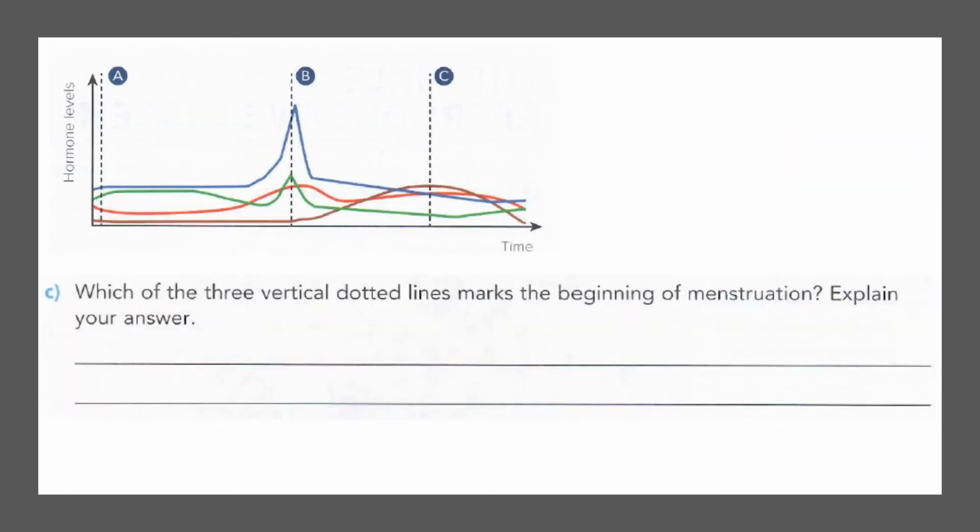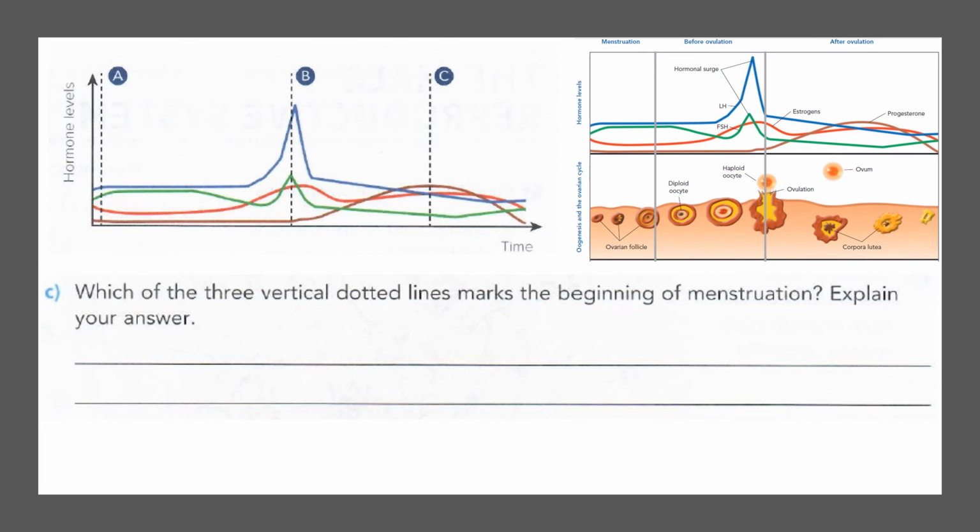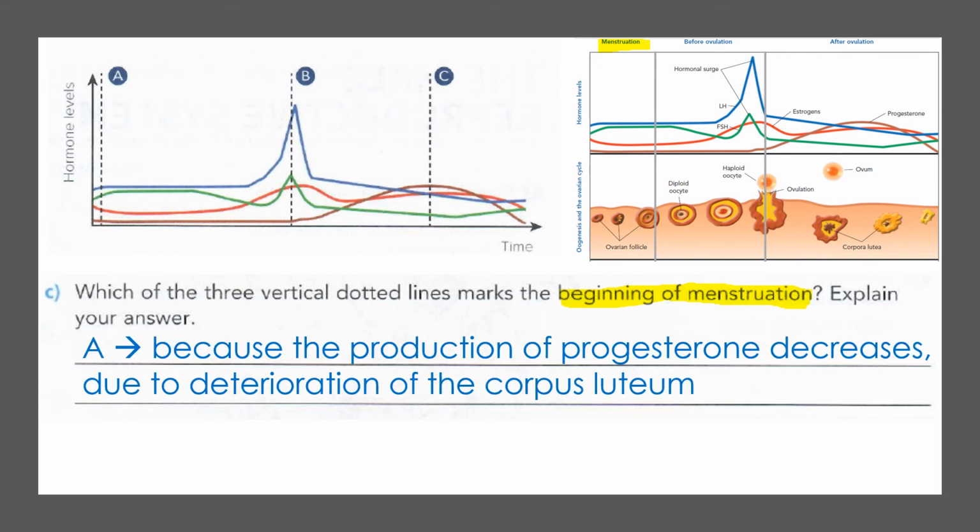The same question, which of the 3 vertical dot lines mark the beginning of menstruation? So I know the menstruation happens just after the corpus luteum disintegrates. Okay, so the menstruation is happening here. See? Which line better describes?